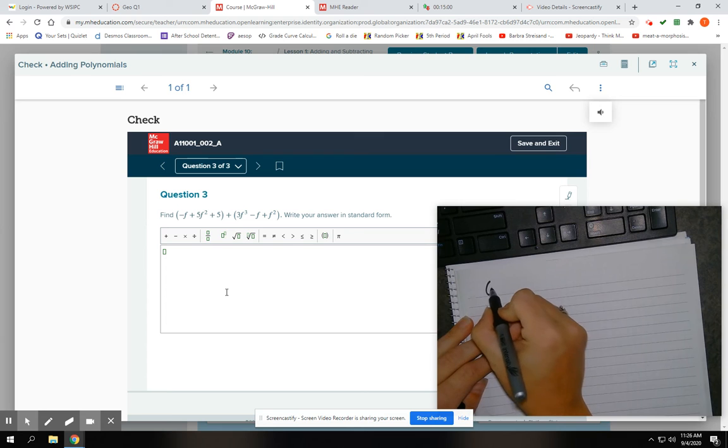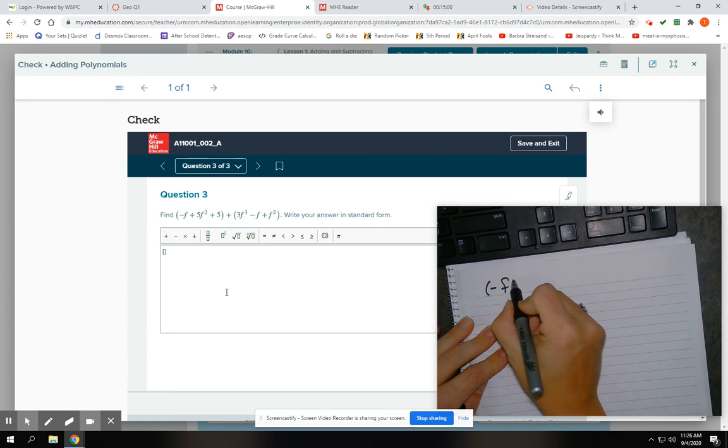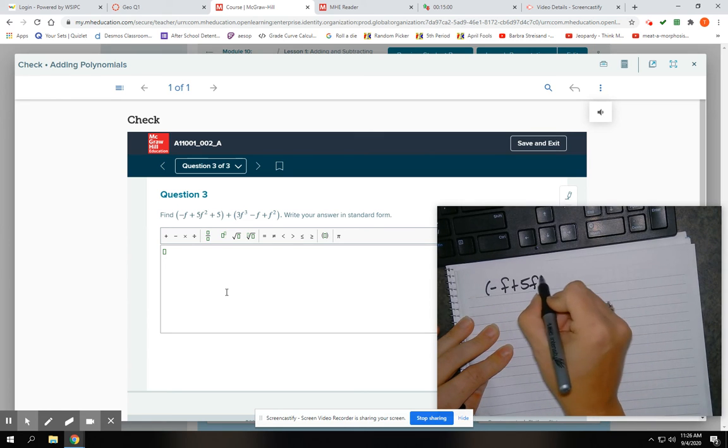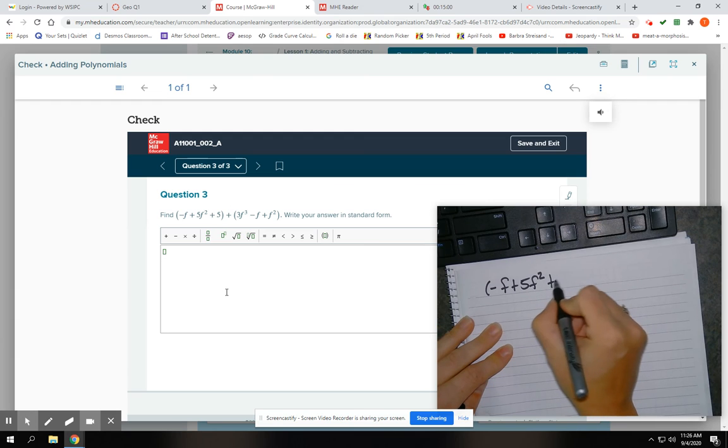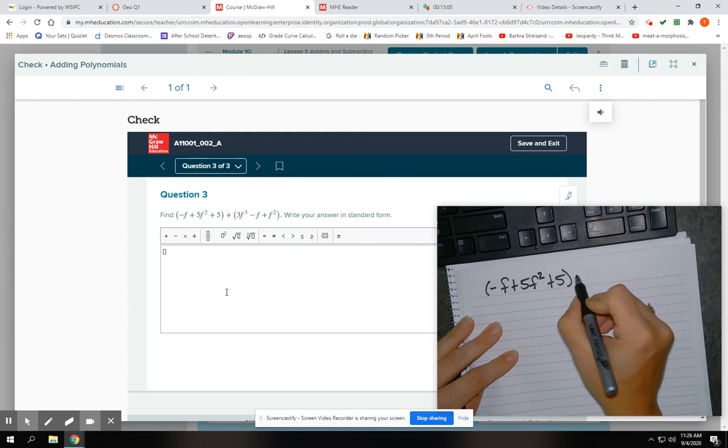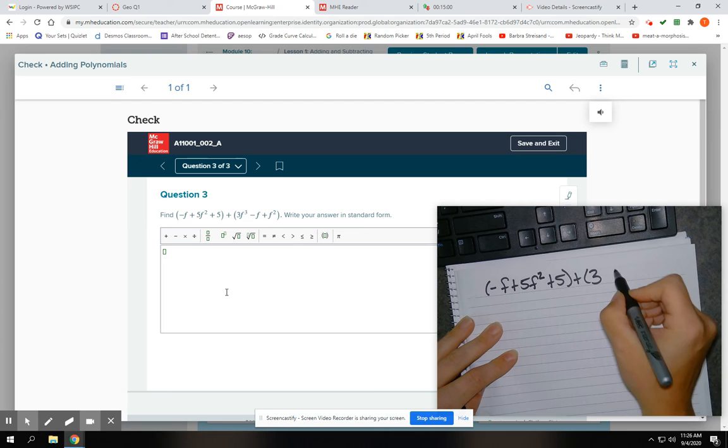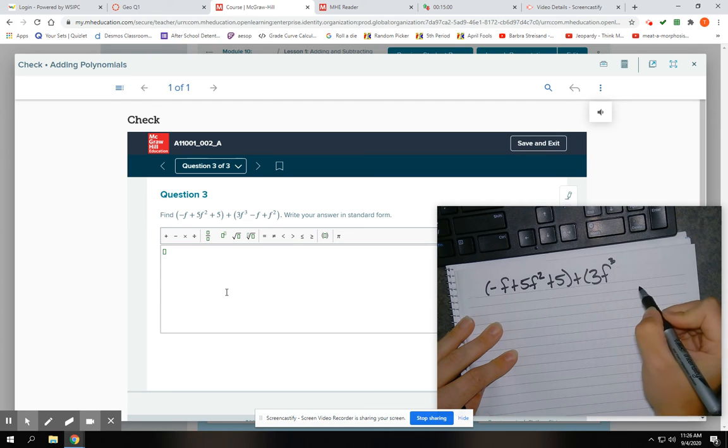We've got negative f plus 5f squared plus 5 plus 3f to the third minus f plus f squared.